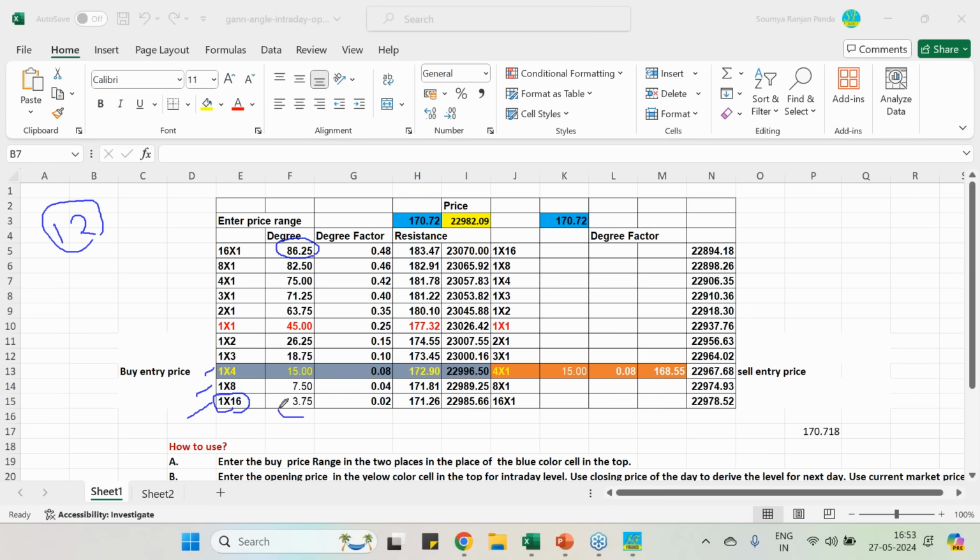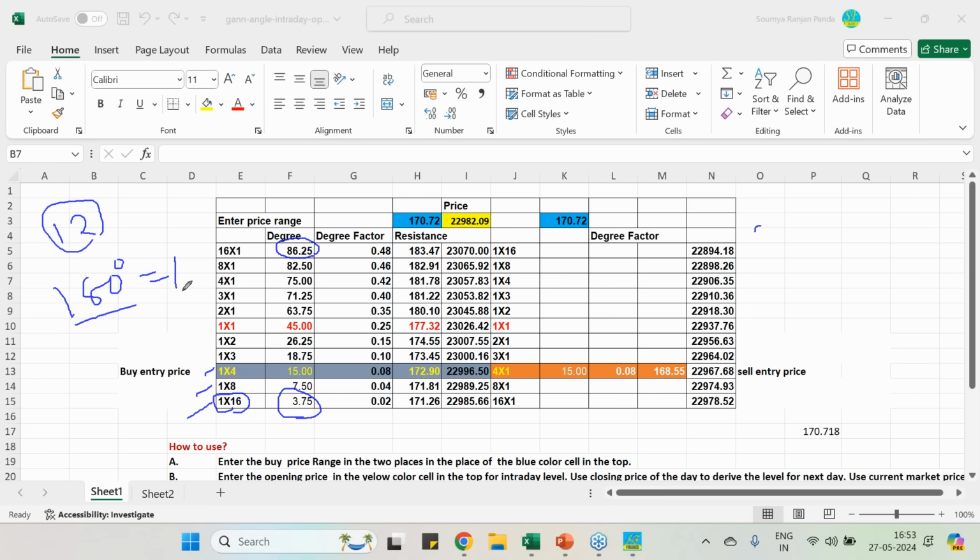Once we are talking about degrees, Gann always says 180 degrees equals 1. Why not 2, 3, 4? Because 360 degrees completes one daytime and one night time, and 180 degrees completes one daytime. Solar motion covers 180 degrees in a daytime.